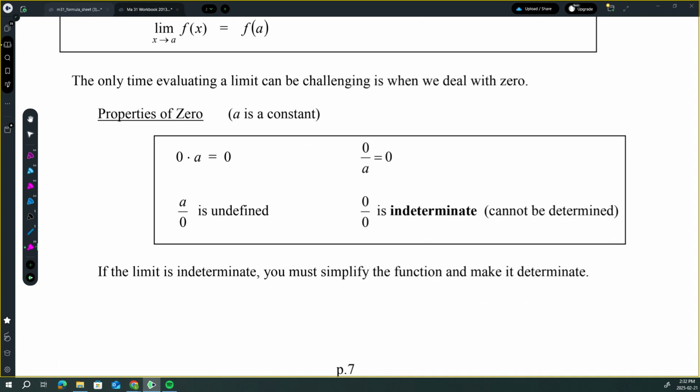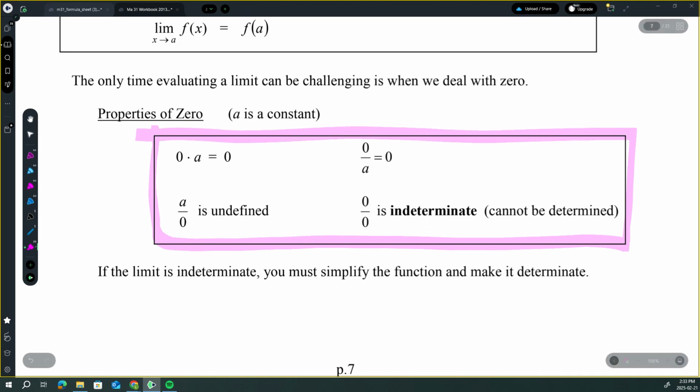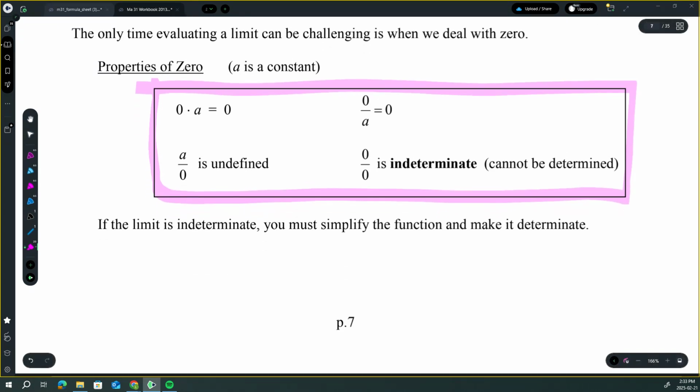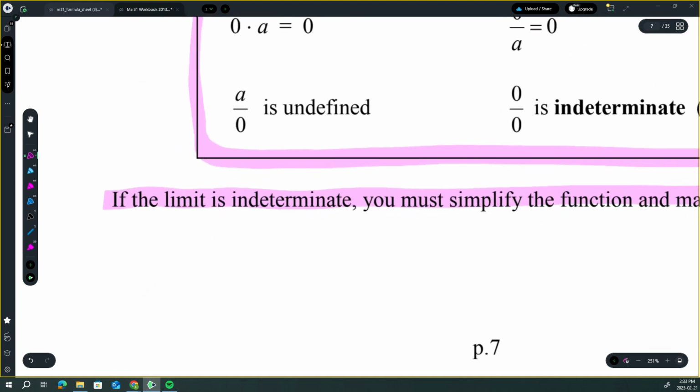Those last two situations are going to be the more interesting ones, and likely what most of your questions are going to be focused on. If your limit is indeterminate, or even undefined, you're going to have to add that into your notes.